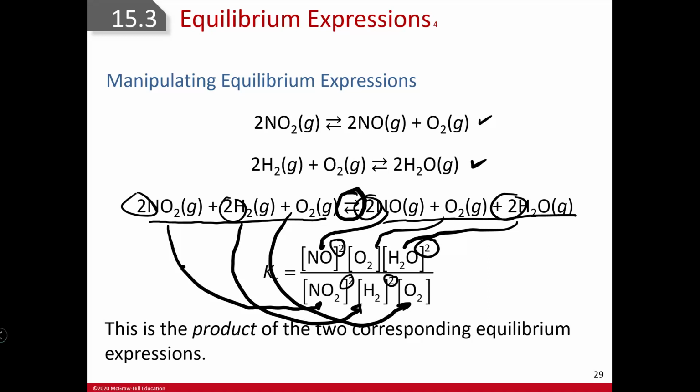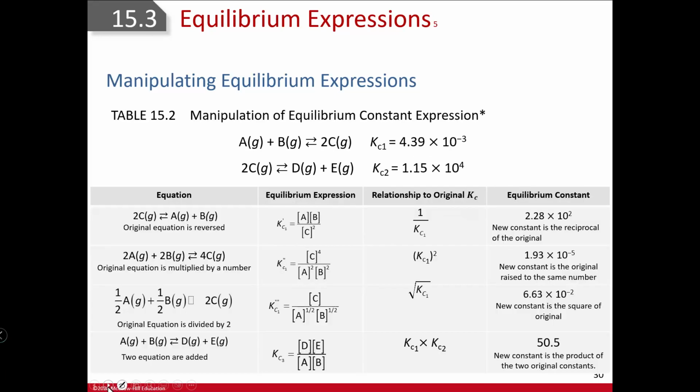So what do you think the equilibrium expression for this is going to be? All right, well, let's look at it. Since you combine the two equations, that should look like we multiplied the equilibrium expressions together, right?